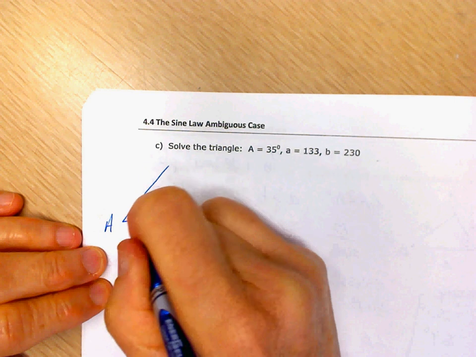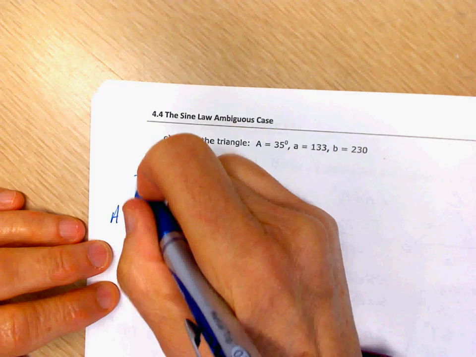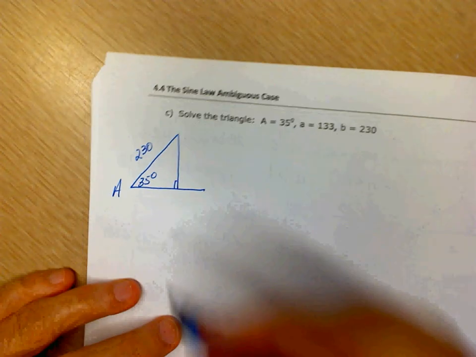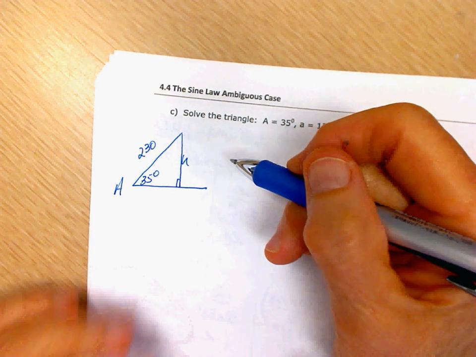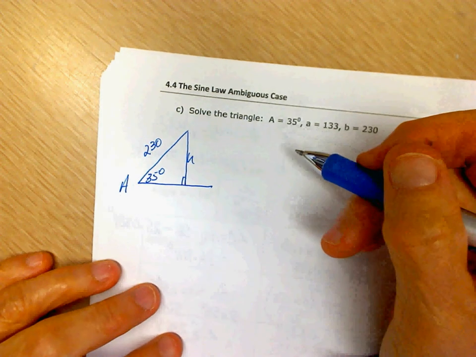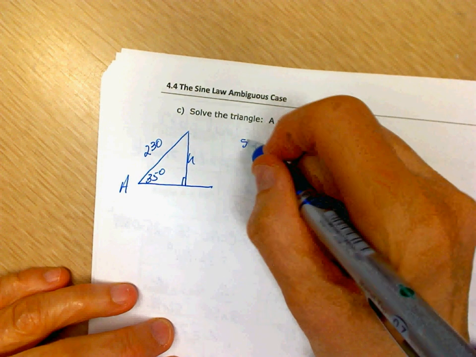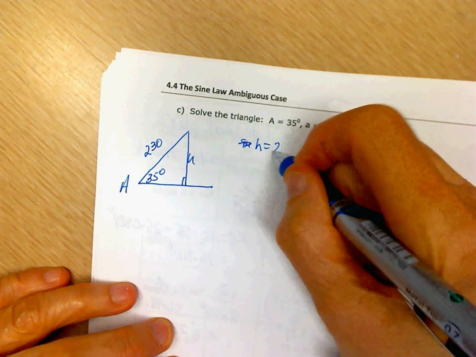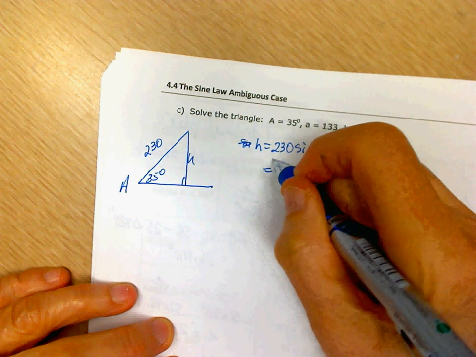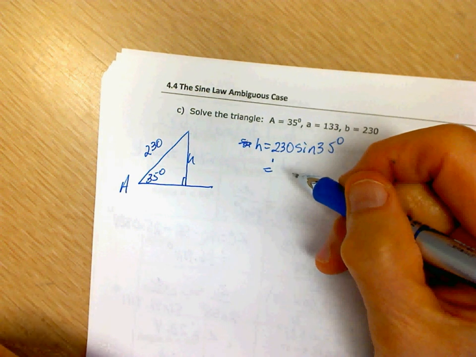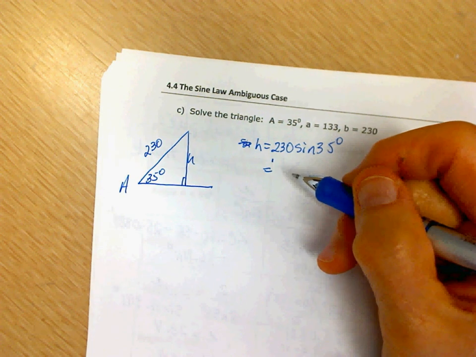Let's calculate our height. We know B is 230. And for A, we're not sure yet what's happening, okay? So let's just calculate it and then we'll decide. We're going to go sine: H equals 230 sine of 35 degrees, and that is approximately 132.